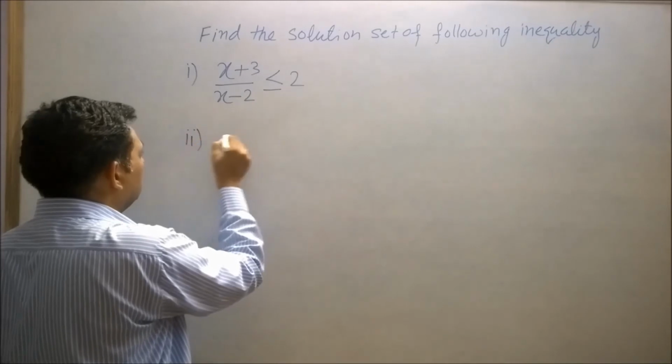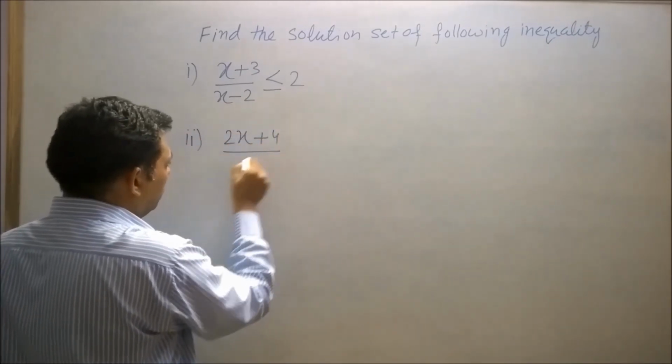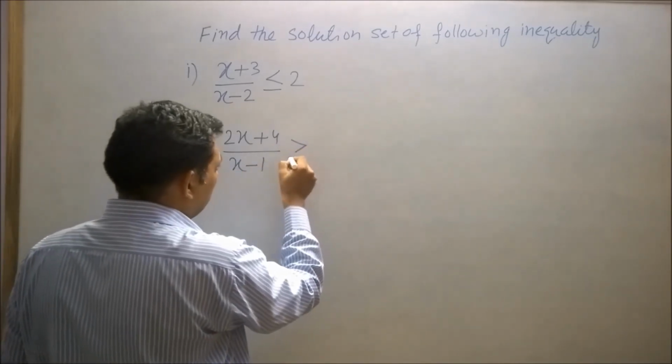Question number 2: (2x + 4)/(x - 1) is greater than or equal to 5.